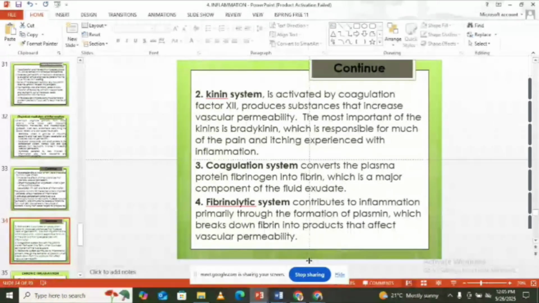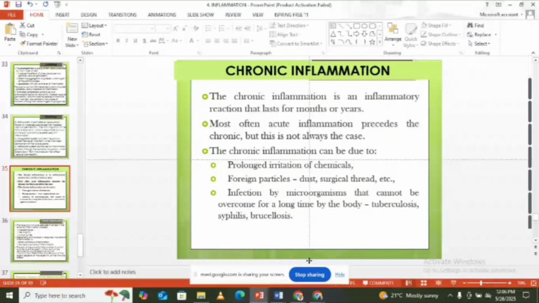The fibrinolytic system, which also contributes to inflammation through formation of plasmin, which breaks down that fibrin into products that can affect vascular permeability.